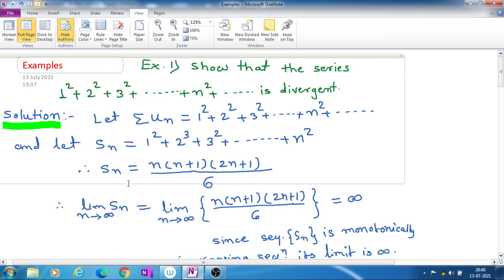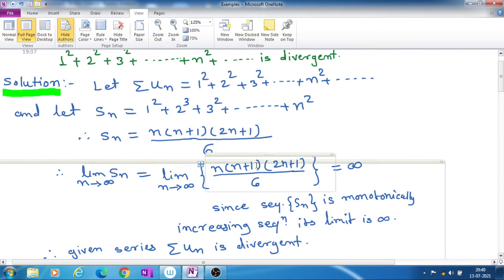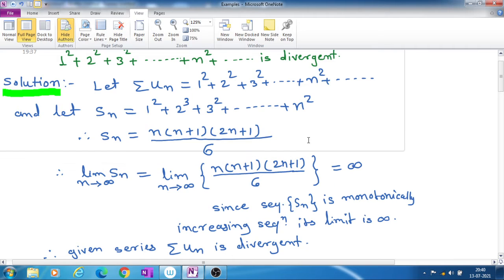So we know that convergence or divergence depends on convergence or divergence of the sequence Sn. So we have been given this series. Let us denote it by summation un. So summation un is equal to 1 square plus 2 square plus 3 square plus dash dash plus n square plus dash dash.